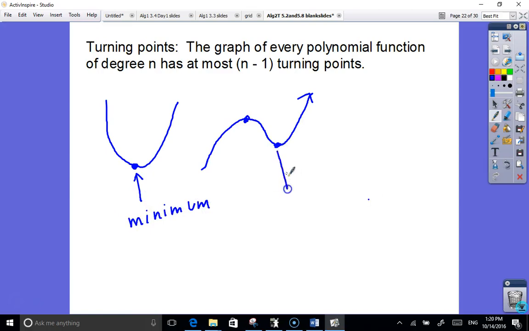But if you look at that point on this cubic, it's not the minimum on the graph because the graph goes infinitely down. So there is a lesser point. But that's called a local minimum because it is the least value in its vicinity. It actually goes up on either side of the turning point.